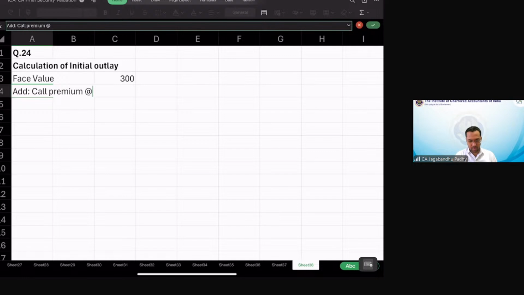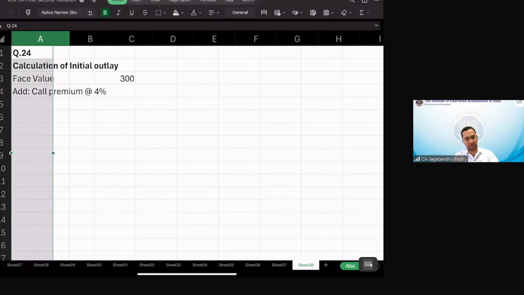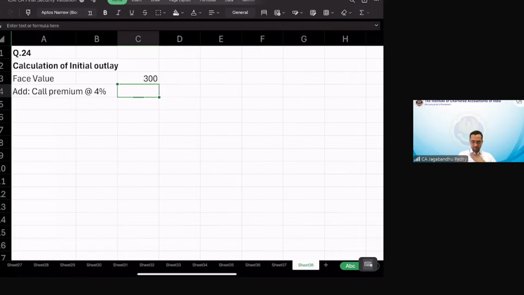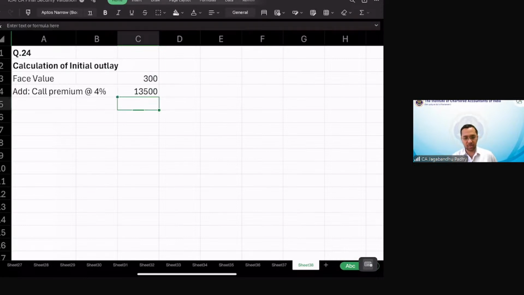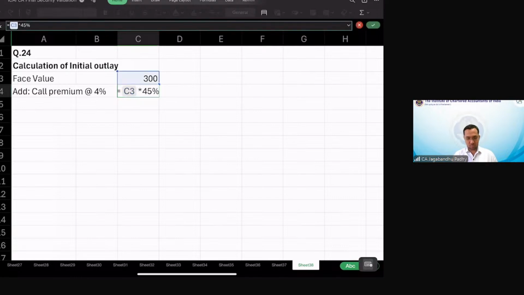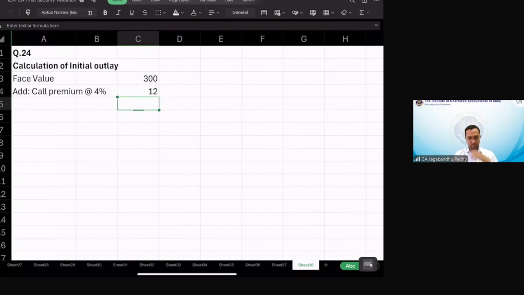The face value is 300. Call premium is 4%. So what will be the amount of call premium? I need to pay 4% extra, which means I need to pay 12 extra.